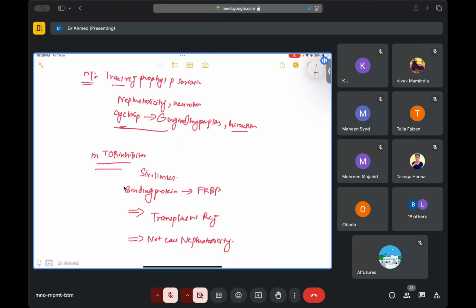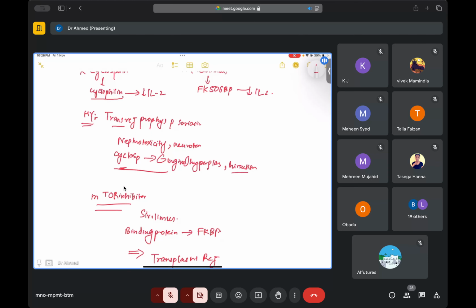Right? So for example, you can have a question like that. If you are giving a patient who is close to his renal transplantation cyclosporin, and ultimately he develops some nephrotoxicity, for example his creatinine rises, we switch his drugs from tacrolimus or cyclosporin to sirolimus. Why?